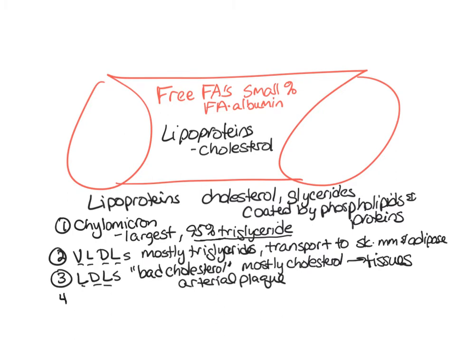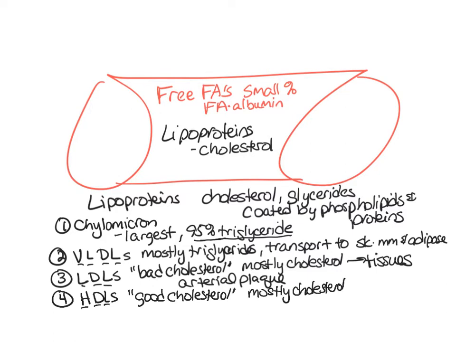The last type of lipoprotein are the HDLs, and a lot of times that's high density lipoproteins, and they are called the good cholesterol. They are mostly cholesterol and phospholipids.